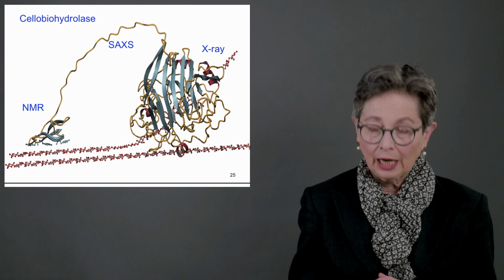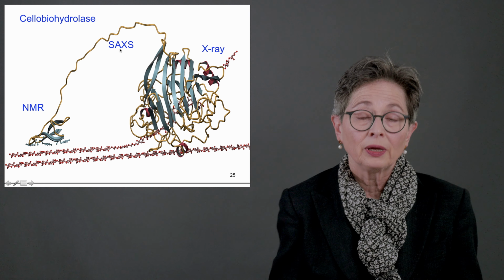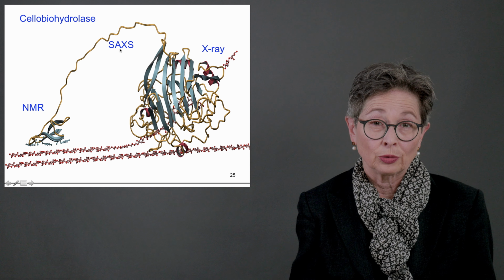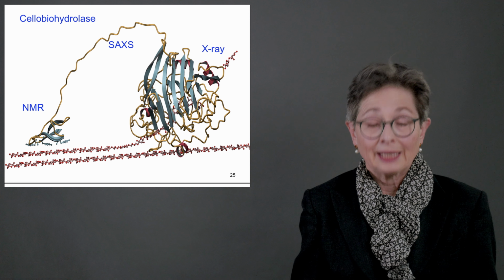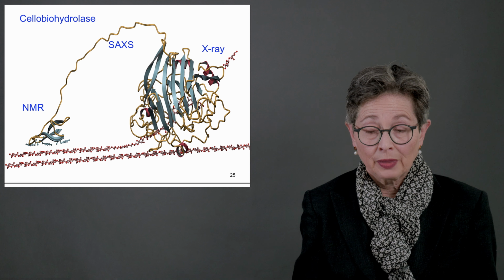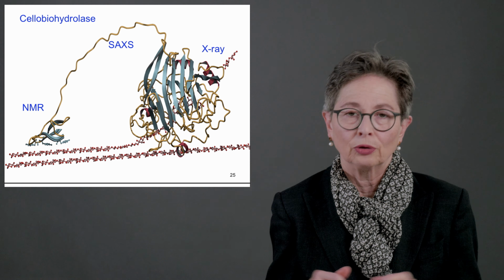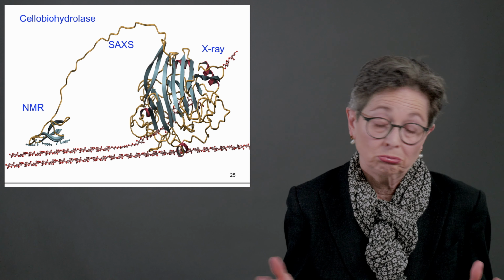We were able to get crystals once we cut it off here. Now this piece, the rope, was solved by small angle X-ray scattering, SAX. This isn't a good method for globular proteins, but it works very well for long fibrous proteins, for instance, like silk.